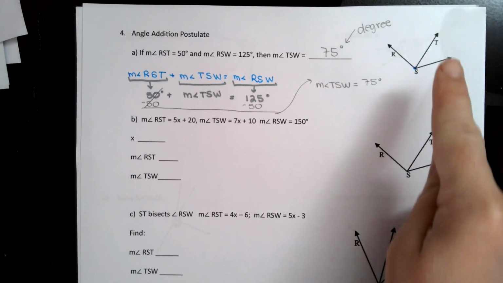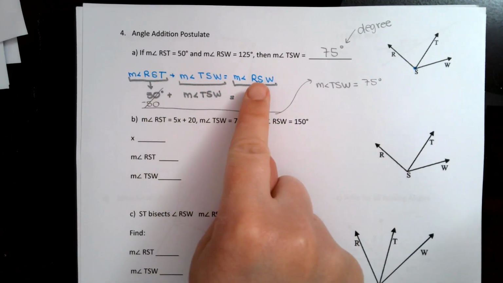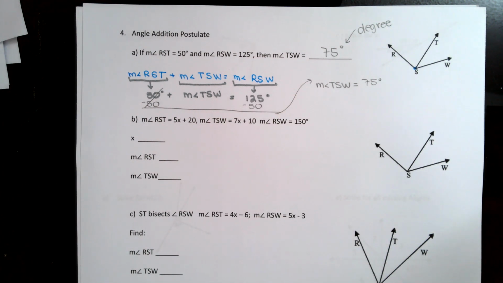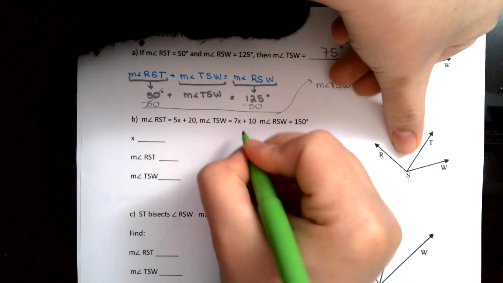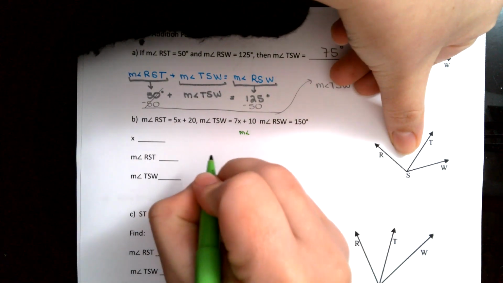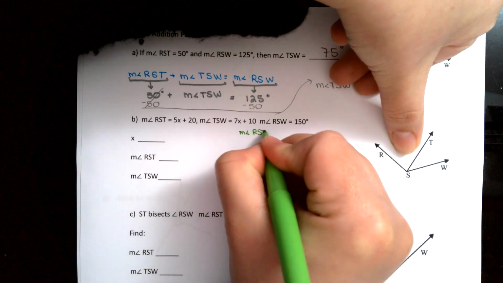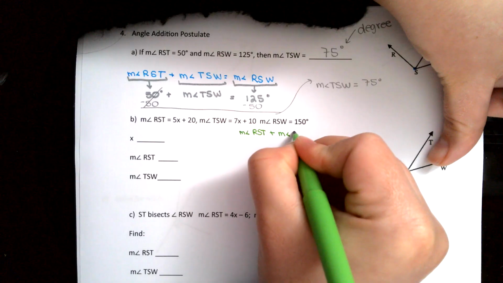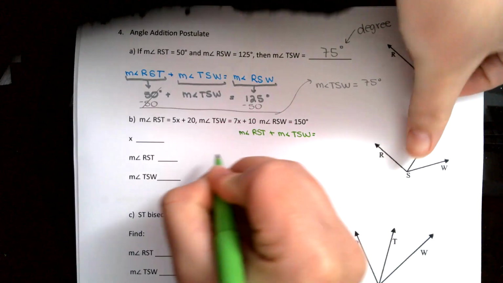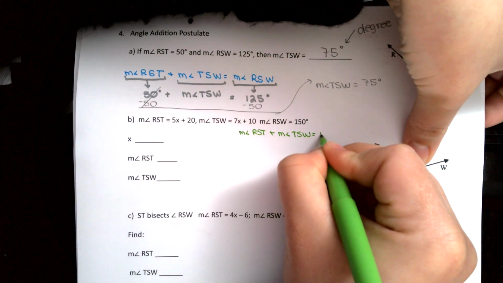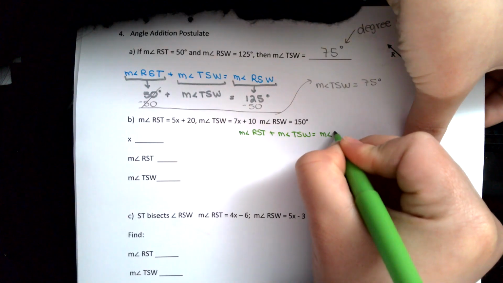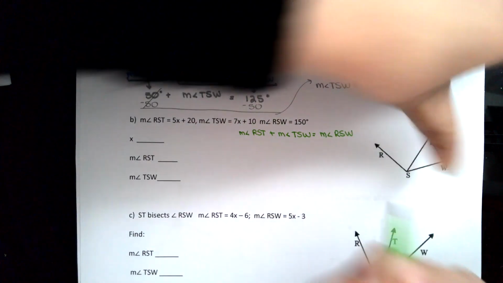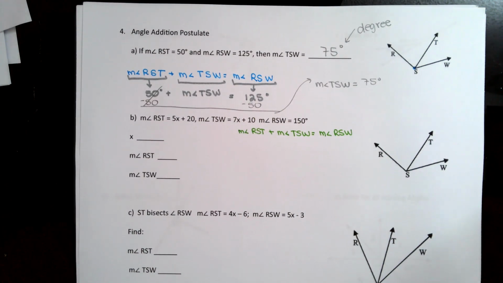Looks like we have the same setup here and here, so we do have one of our setups here. So I'm just going to go ahead and use my fingers here. We got the measurement of angle RST plus the measurement of angle TSW is equal to, take your finger, cover the middle ray, the measurement of angle RSW. Okay, let's see what we have now.